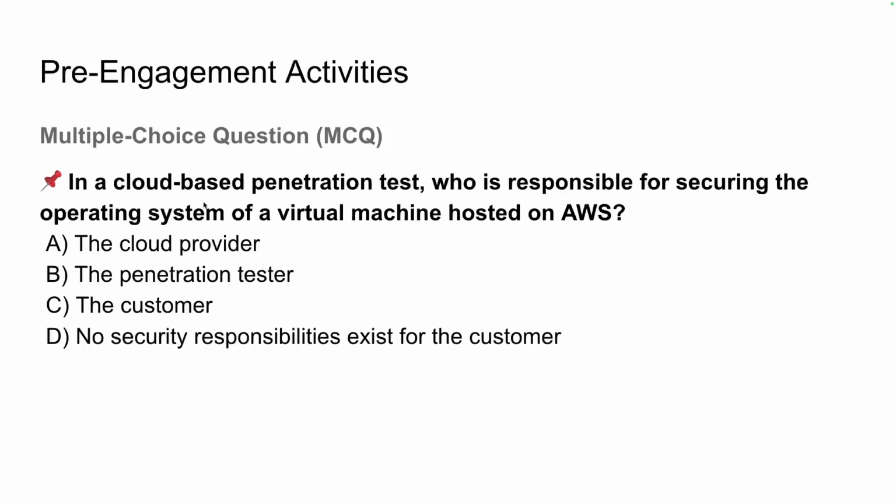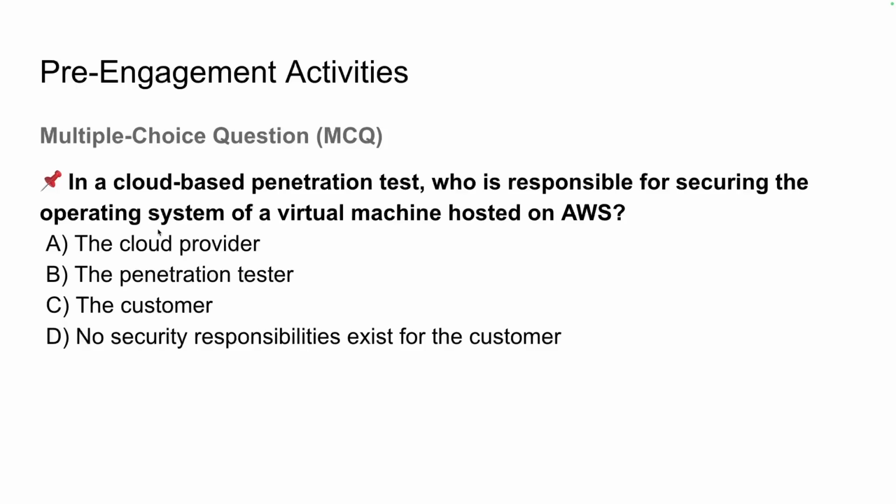Multiple choice. In a cloud-based pen test, who is responsible for securing the operating system of a virtual machine hosted on AWS? So this is the shared responsibility model. We're doing a cloud-based pen test, and we're securing the OS of a virtual machine hosted on AWS.